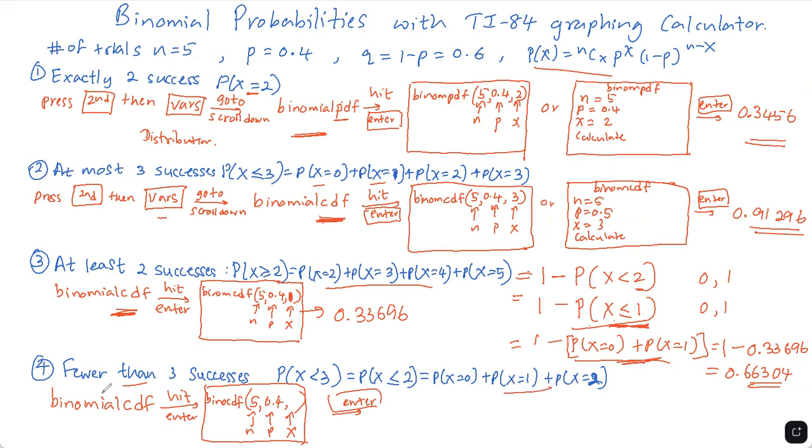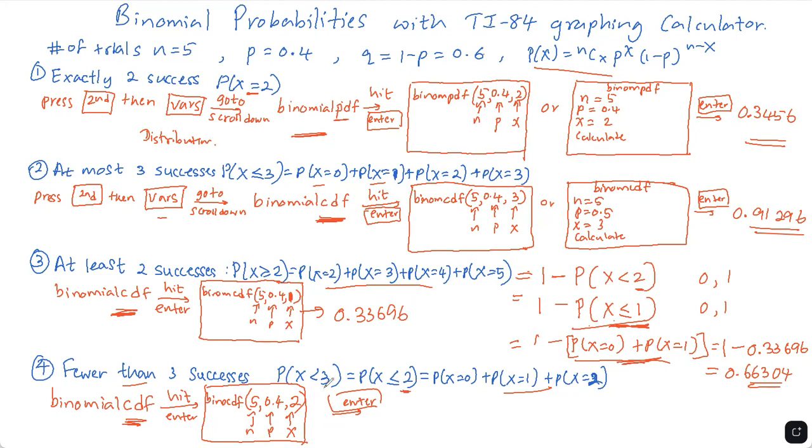So first go to second and then VARS and then go to binomial CDF again and then hit enter. Then on the screen you will see binomial CDF, the number of trials 5, success probability is 0.4, and you have to enter here 2, right?